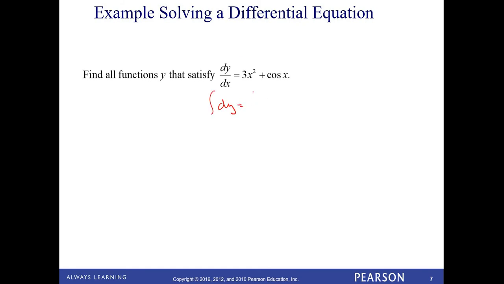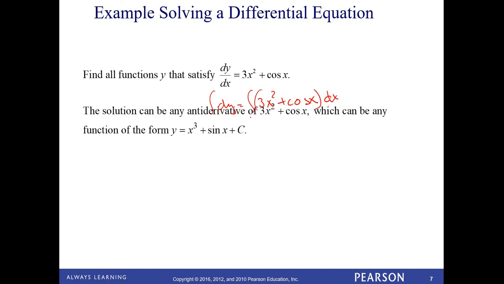So the integral of dy, which is y, is the integral of 3x squared plus cos x dx. Looking at this, we find that the solution can be any antiderivative of the form x cubed plus sine x plus c. So that's a general differential solution, like we did in our preview.